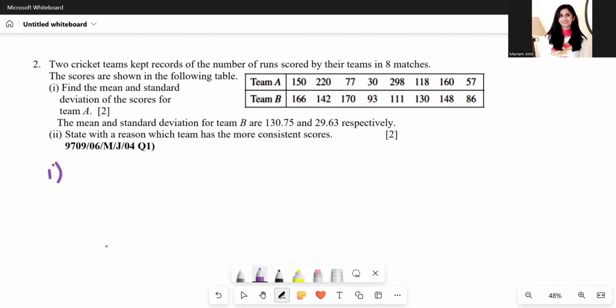Okay. So the mean would be: add them together and then divide by the number of values, which is 8.